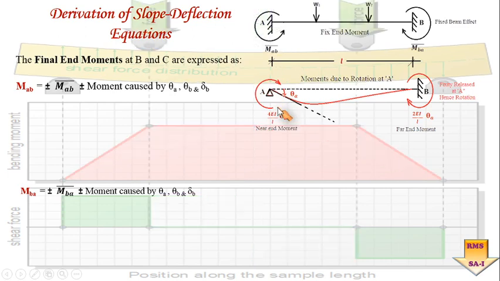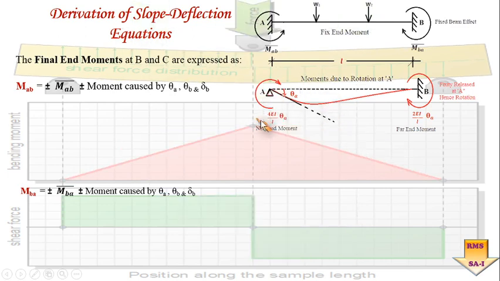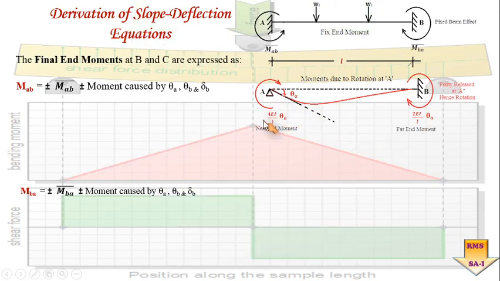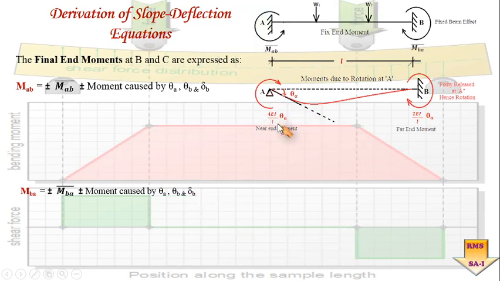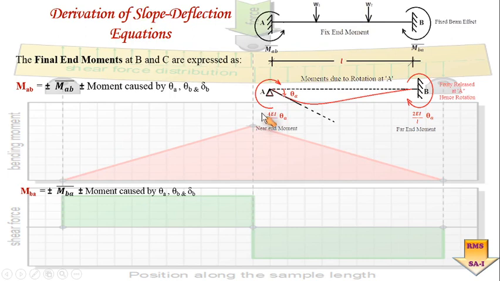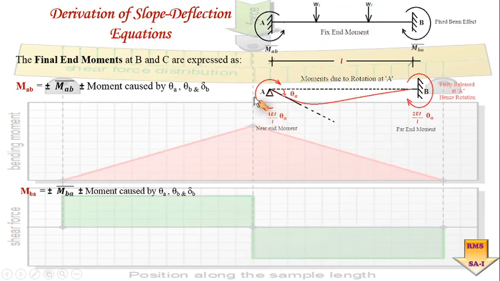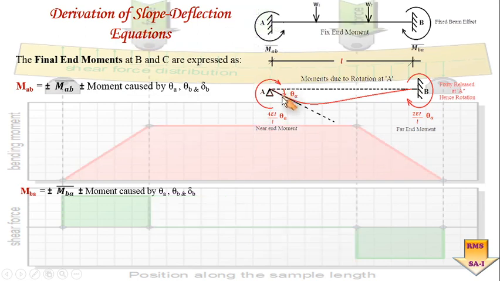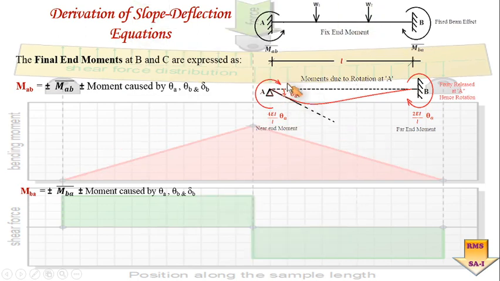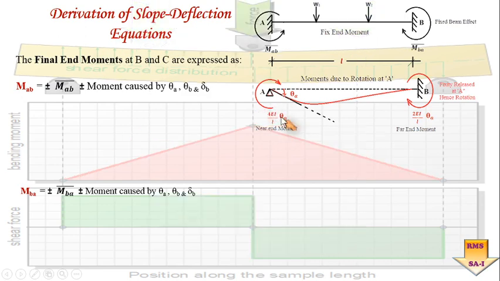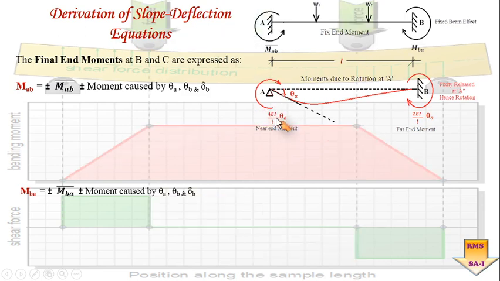Is it okay? So after understanding this, you can see certain moments are going to get introduced. This 4EI by L into theta A is the moment magnitude induced due to the rotation about point A of magnitude theta A. This particular standard case has already been seen in earlier articles.